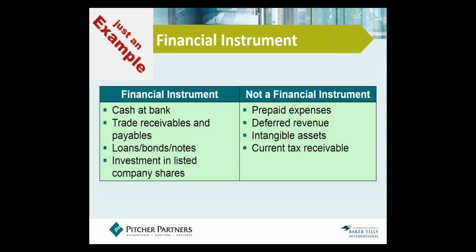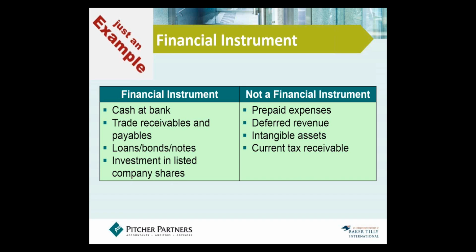Listed company shares are a financial asset of the holder. There's a right to future cash flow in the form of dividends. And remember, on the other side, we've got equity instruments of the issuer. If you go back to that definition, as soon as we've got a financial asset in the one entity, the other entity either has a financial liability or equity. And that's what we've got here.